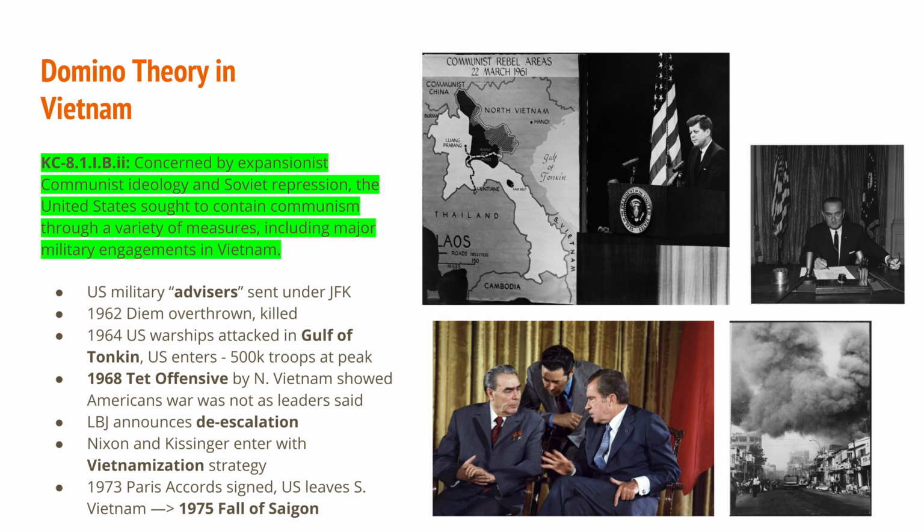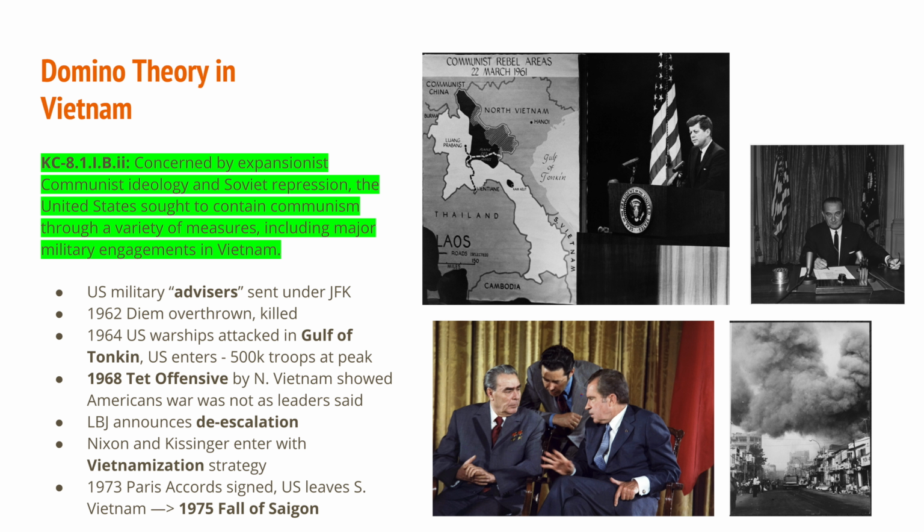It's seen as a military draw, but because of the publicity that it generated, the American people start to see that the war is not going quite as well as their leaders have been telling them, and we begin to see some disgruntled Americans beginning to protest against the United States involvement in Vietnam.